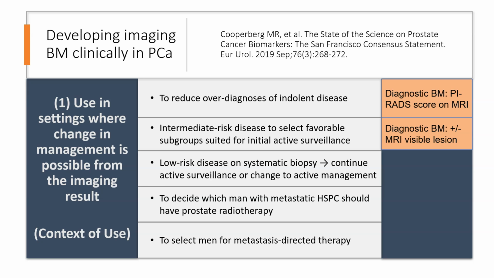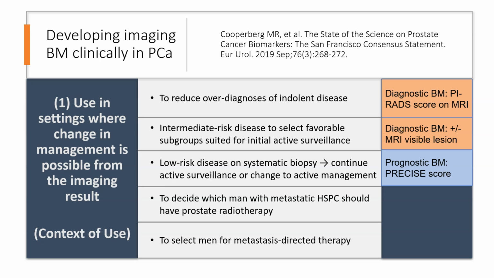What type of biomarker would you need for patients with low-risk disease to decide whether you continue active surveillance or to start active management now? Here we said we needed a prognostic biomarker because it predicts a future clinical event, and we said that the MRI PRECISE score would be a suitable prognostic biomarker.